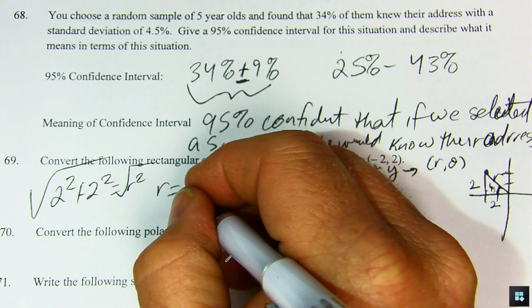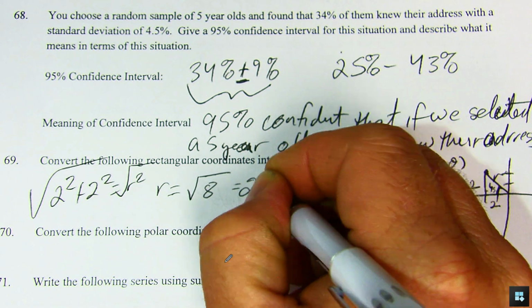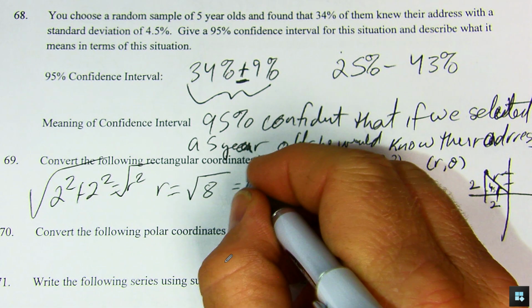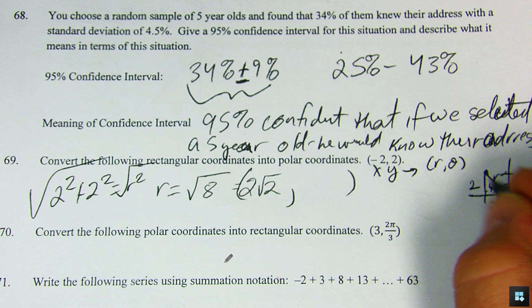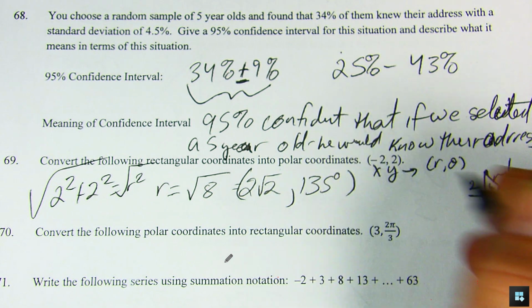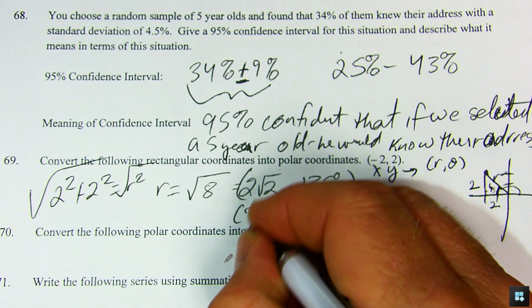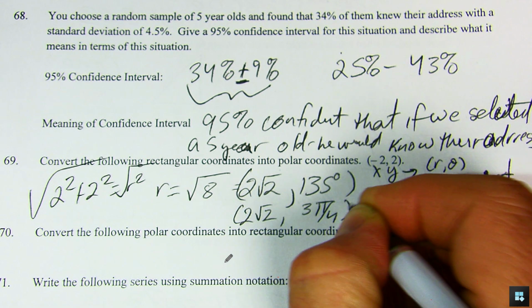So we have R equals the square root of 8, which is the same thing as 2 square roots of 2. Okay? That's R. Now to find theta, well, the 45-degree angle in the second quadrant here is either 135 degrees. I don't know, it doesn't say if it wants it in radians or degrees, so I'll do both. Or it is 3 pi over 4 radians.